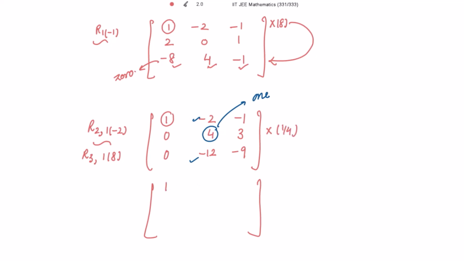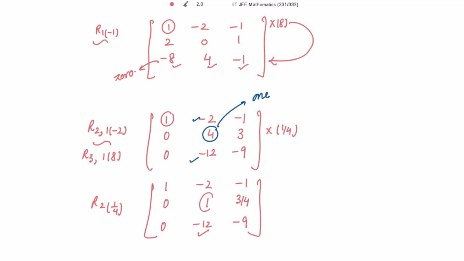So writing the first and the third row as they are and changing row 2. Row 2 needs to be changed by multiplying its elements with 1 by 4. So 0 multiplied by 1 by 4, we get 0. 4 multiplied with 1 by 4, we get 1. And 3 multiplied with 1 by 4, we get 3 divided by 4.